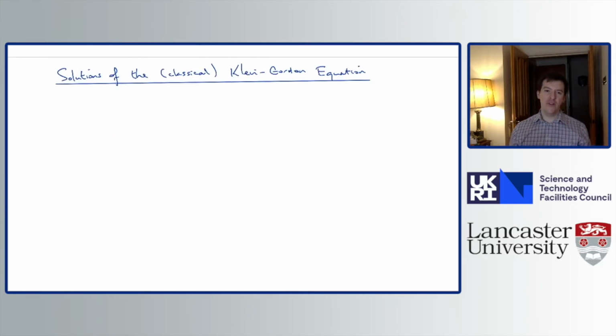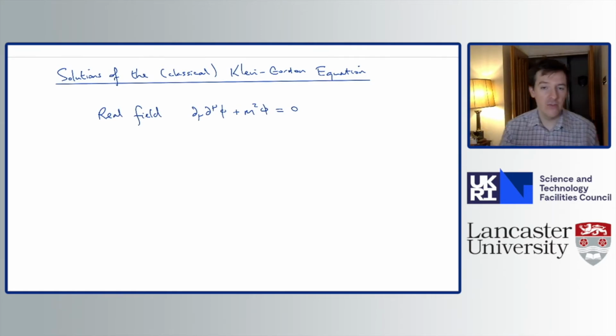We've found our classical wave equation, which we now want to find a solution to. We know that our field, our real scalar field, is going to satisfy the Klein-Gordon equation. So our first challenge is to find the solutions of this classical wave equation. I want to go through two ways we can get solutions.